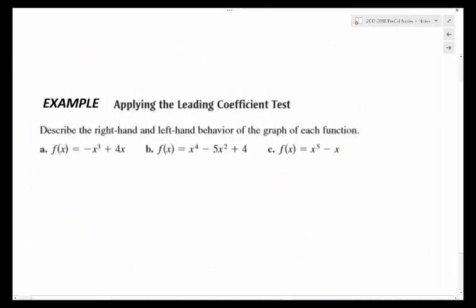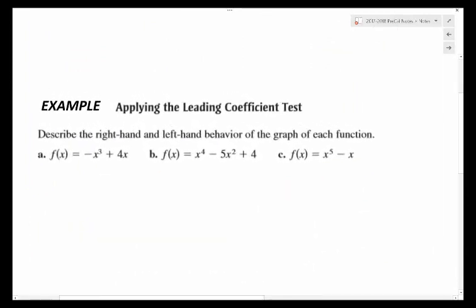So applying the leading coefficient test, when they say right-hand and left-hand behavior, we're asking what the end behavior of each graph is. For A, it's negative x to the third plus 4x.